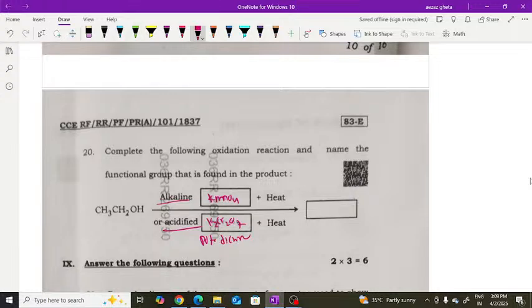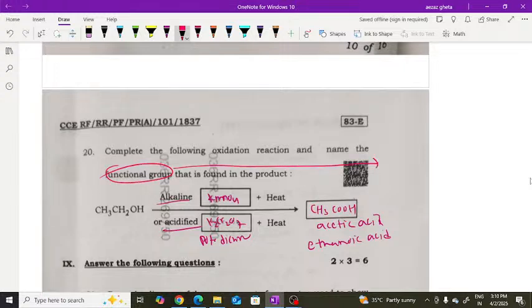This is an oxidation reaction, dear students. You will get CH3COOH, which is called acetic acid, also called ethanoic acid. What is the name of the functional group? Carboxylic acid functional group. Right, very good.